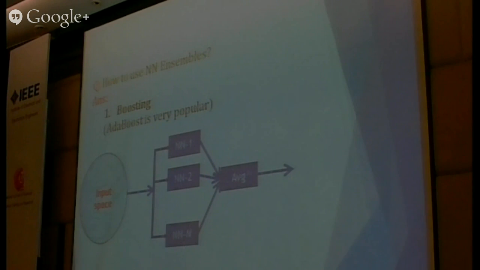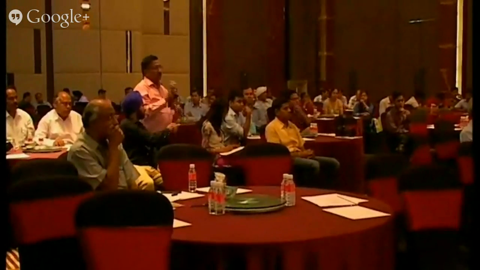Possibly, every neural network? Yes, you can do that. You can use all 100, you can train all of these. My advice is, the idea AdaBoost uses is good. What AdaBoost does is, the first one will be trained with all 100 points.